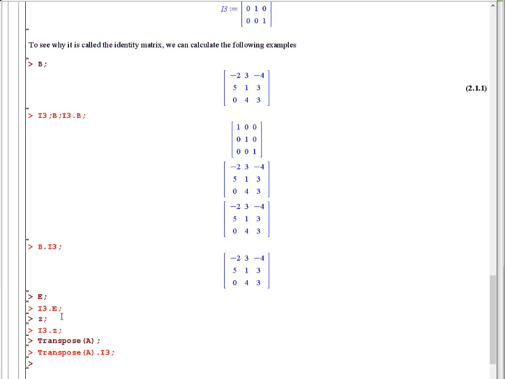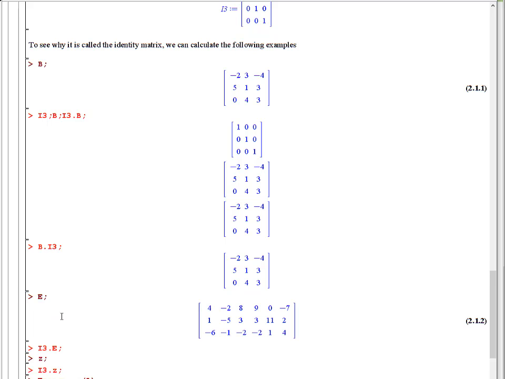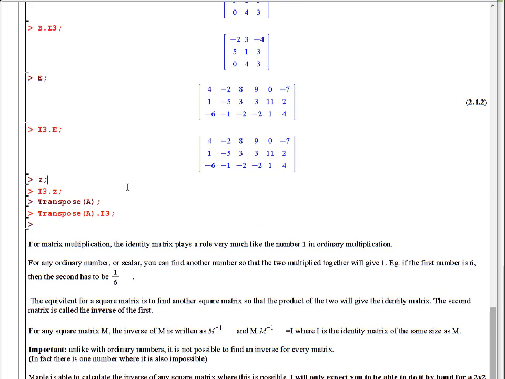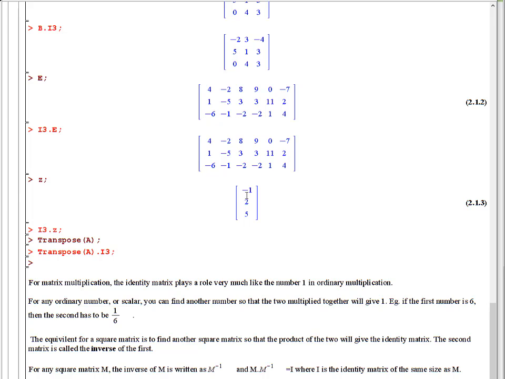You can also use identity matrices with rectangular matrices. So this one here I can multiply by the 3 by 3 because it has 3 columns. So I can multiply that by the 3 by 3 identity matrix, and I find again it does not change. If I look at a vector like Z, I can multiply this by the 3 by 3 identity matrix because it has 3 columns, so it's possible to multiply.